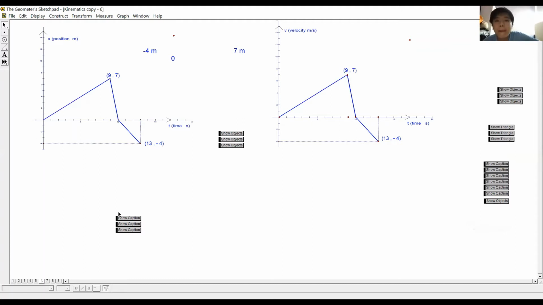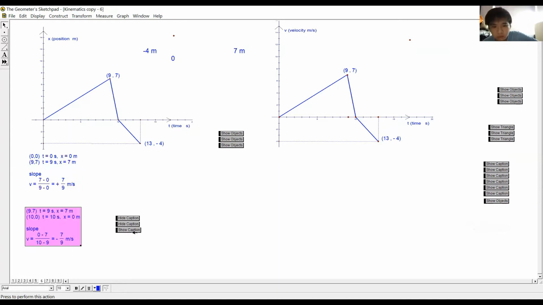Let me go through with you one more time. We divide the graph into three parts, and at the same time we compare the three different types. For the position time graph, the line is a straight line.